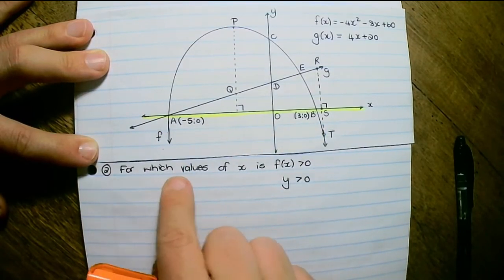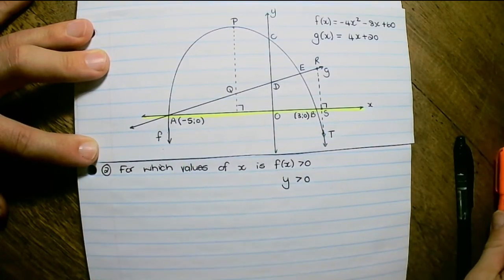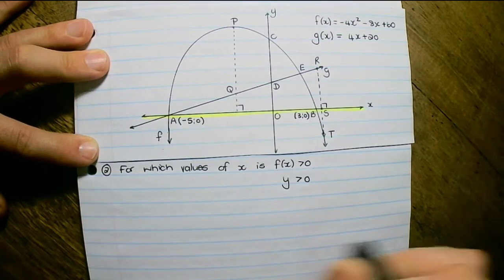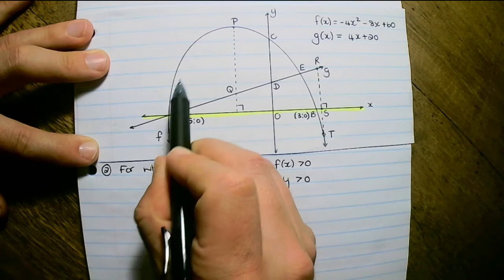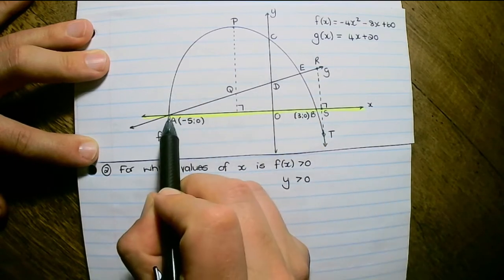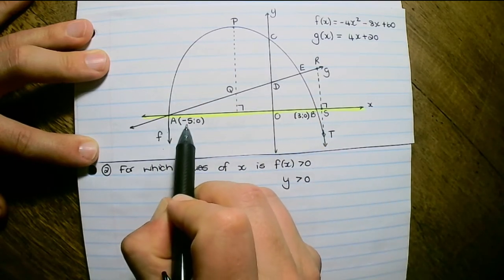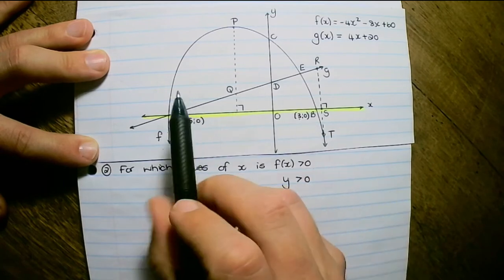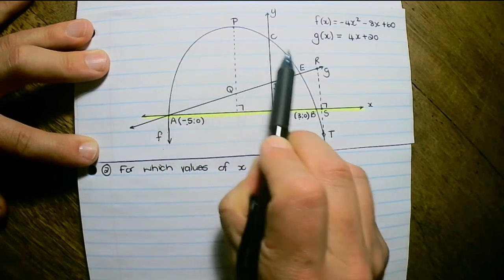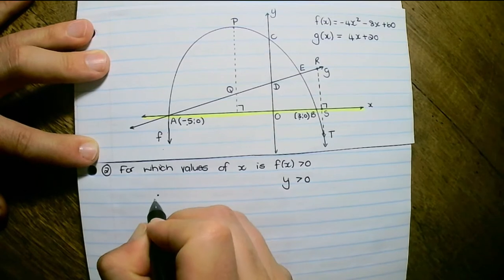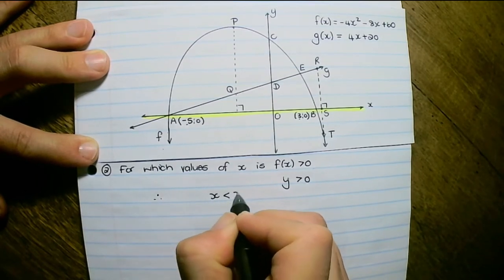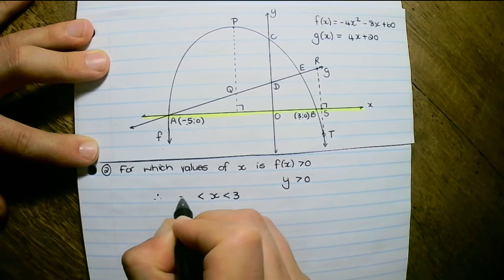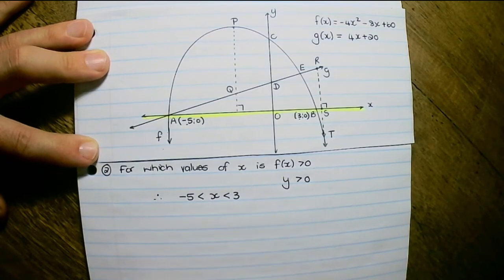So for which values of x is f(x) bigger than 0? It's between the points A and B. For all of the x values between -5 and 3, the graph is above the x-axis. Therefore, we can say x must be smaller than 3, but bigger than -5.